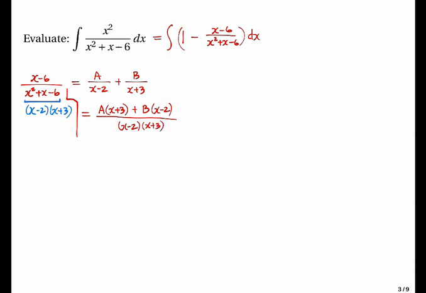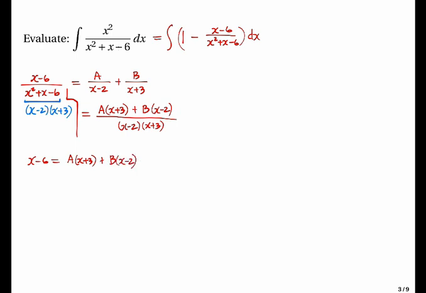So if we compare numerators, we will have the equation x - 6 = A(x + 3) + B(x - 2).